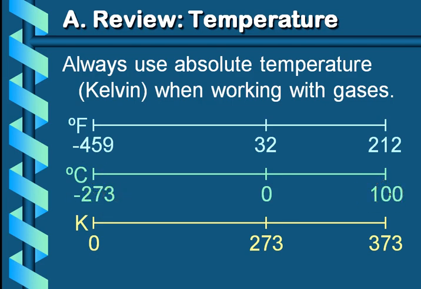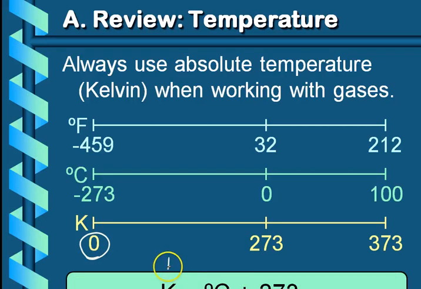And that works out really nicely for us, just like we did in our phase changes and when we did the heating cooling curves. Kelvin ranges from 0 to all the way to 373. And one really, really nice thing about using Kelvin is that when you have something that is at absolute zero, what it means is that motion of those electrons stops. And so absolute zero is when you would have no motion of the electron.